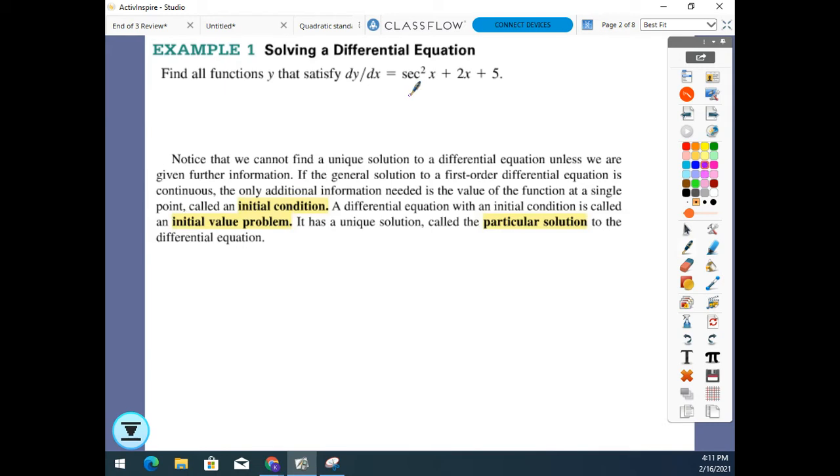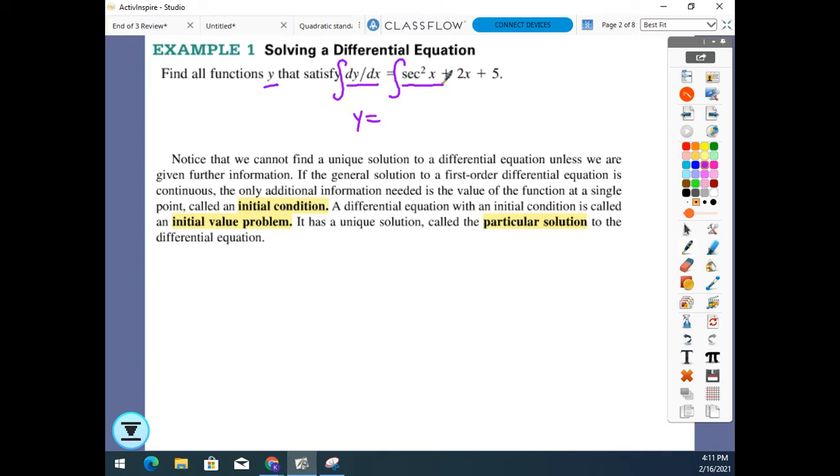Okay, so if we consider the differential dy/dx that equals secant squared x plus 2x plus 5, if we start with the derivative, how do we find y? We integrate both sides. The antiderivative of dy/dx is y.